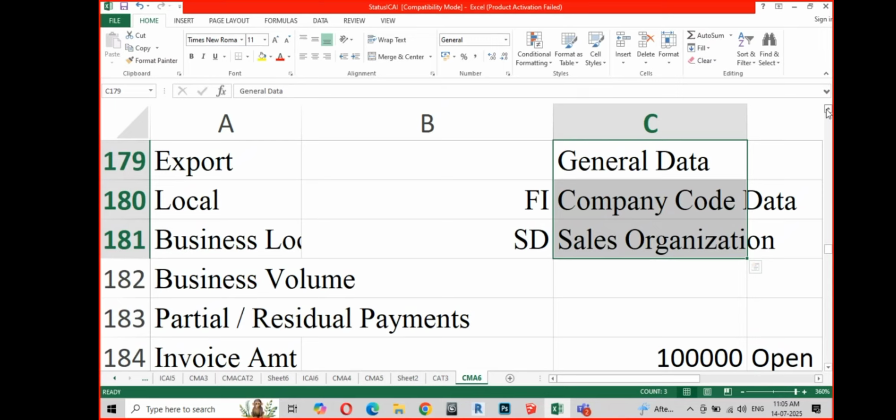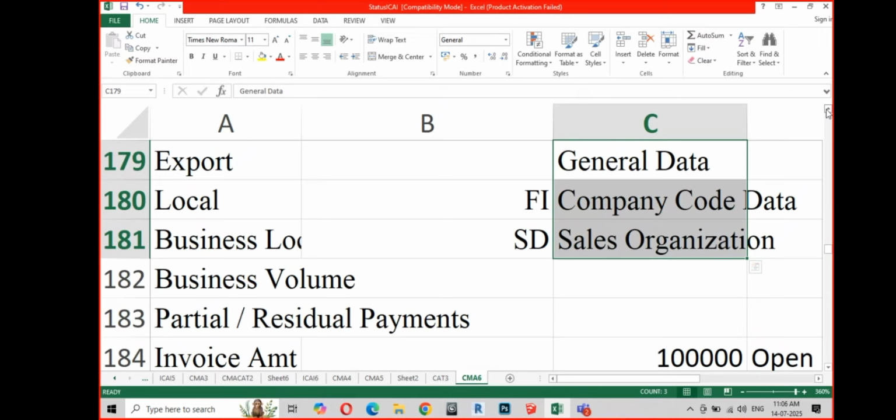The individual vendor or customer master data records are also referred to as subledgers in SAP, in HANA as well as in the earlier ECC system. Absolutely no change in the nomenclature. Clear? They are called subledgers.